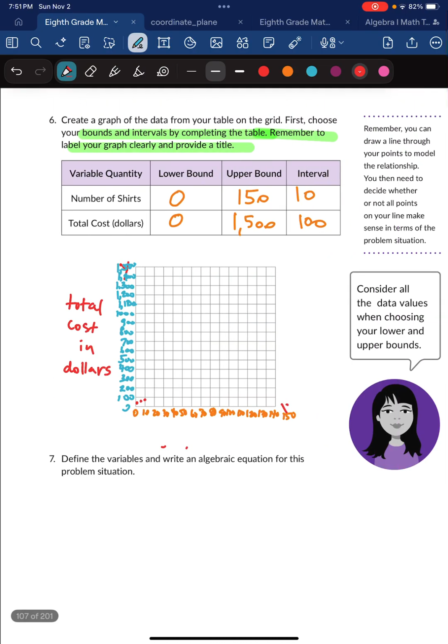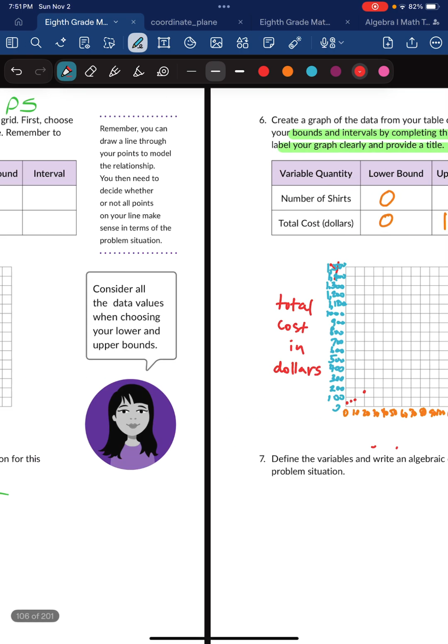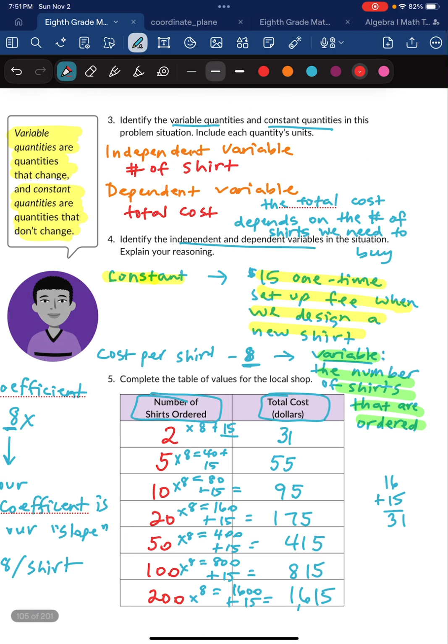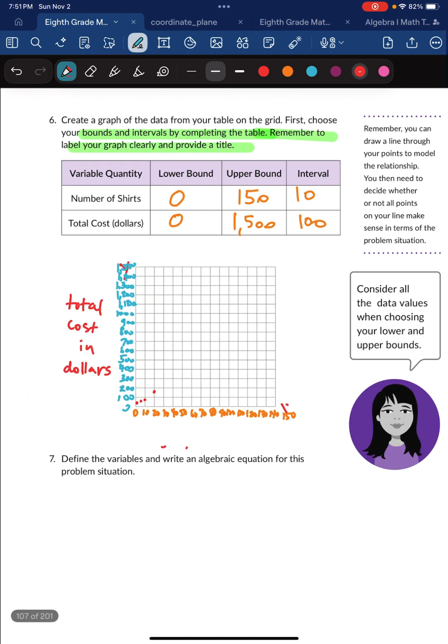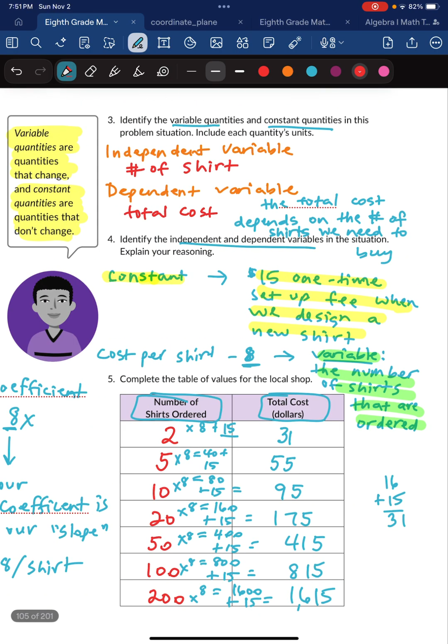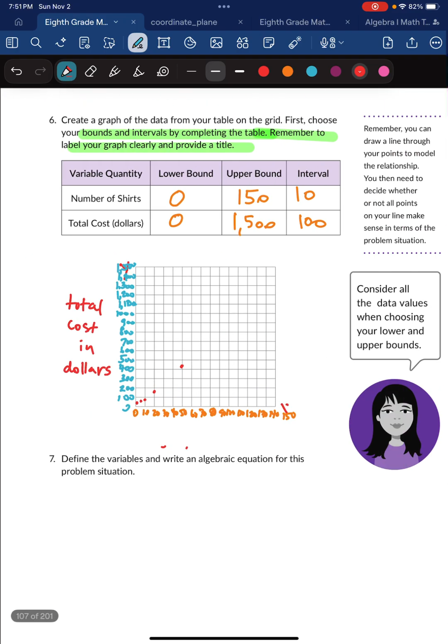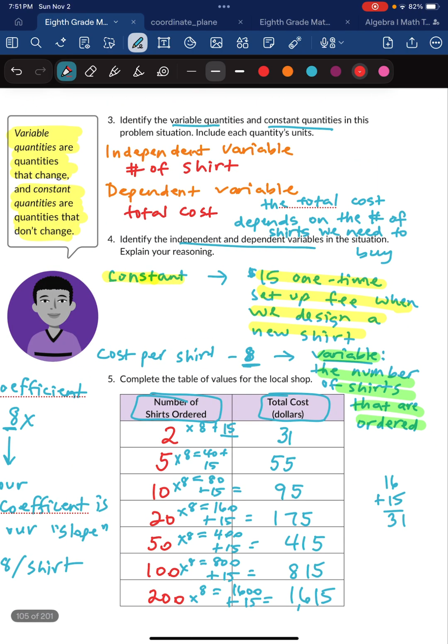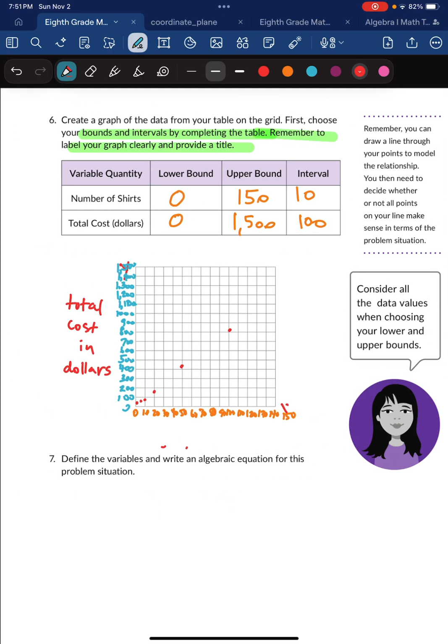20 is at 175. So I'm going to put that right there. 50 is at 415. So right above the 400. 100 is at 815. Right there. And 200 is at 1615.